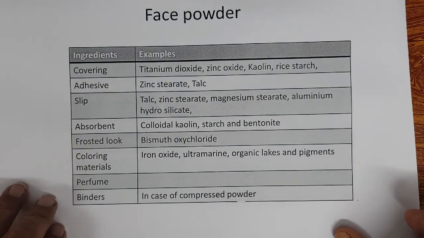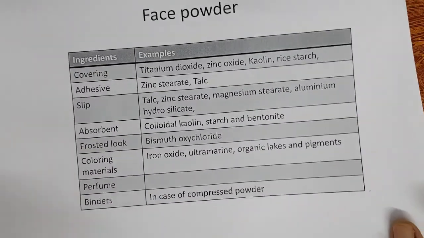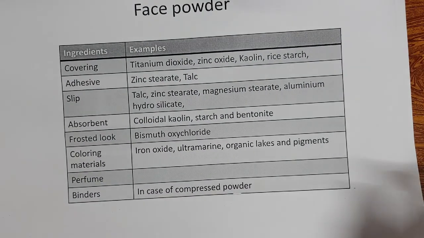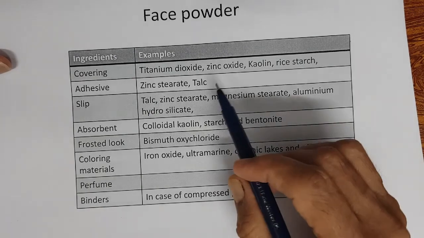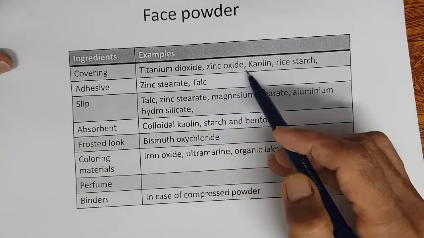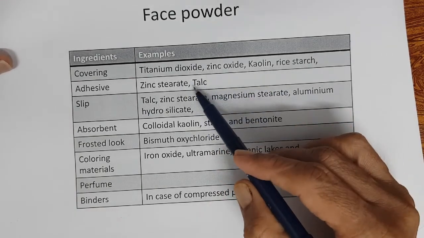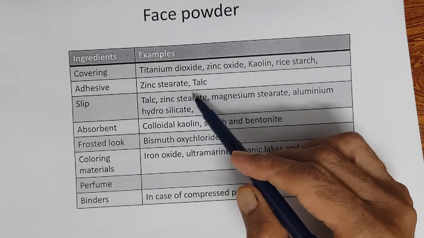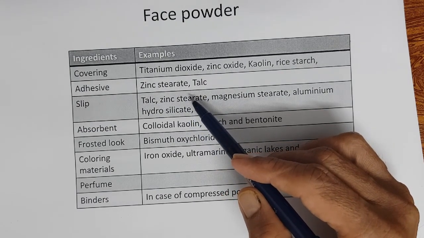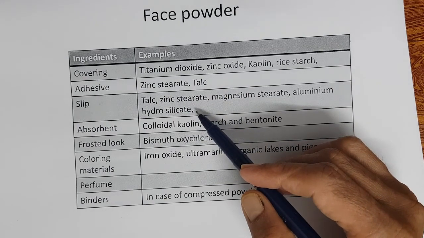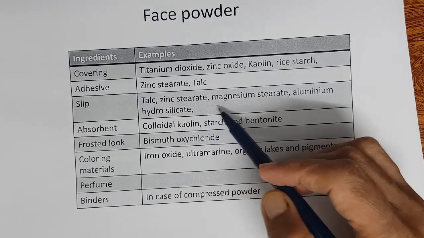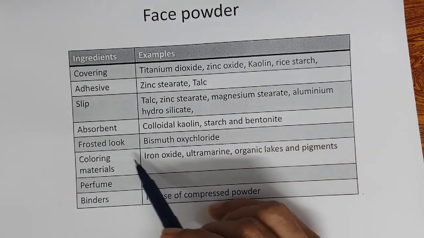So what are the building blocks? We saw this. We have for covering titanium dioxide, zinc oxide, kaolin, rice starch. Then adhesive for the powder to stay on the skin, zinc stearate, talc. Slip for the powder to spread, zinc stearate, magnesium stearate.